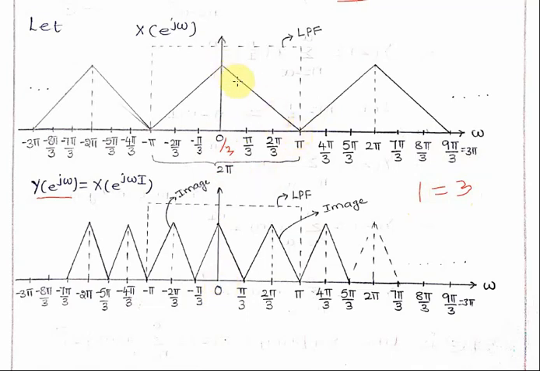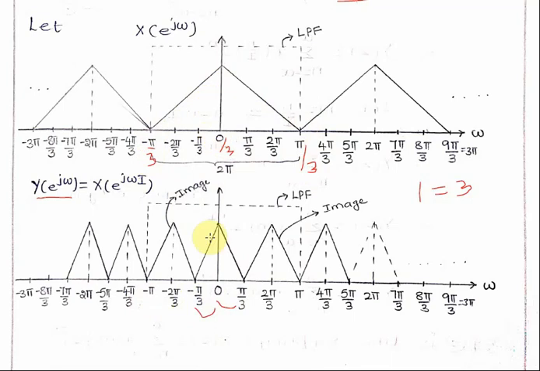Now this spectrum is ending at pi by 3, so this spectrum will come to 0 to pi by 3. Similarly, on the left side it is minus pi by 3, so this spectrum will come to minus pi by 3 to 0.